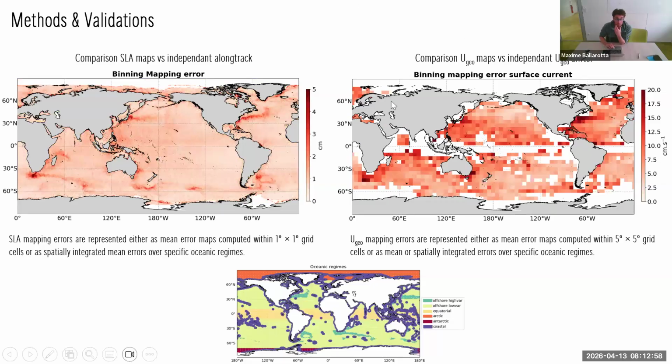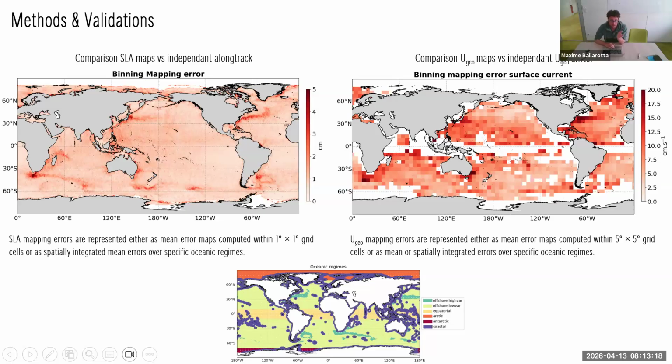At the end, we have an average map of error for the along-track, and also an average map in terms of sea level anomaly on the left, and in terms of geostrophic current on the right.